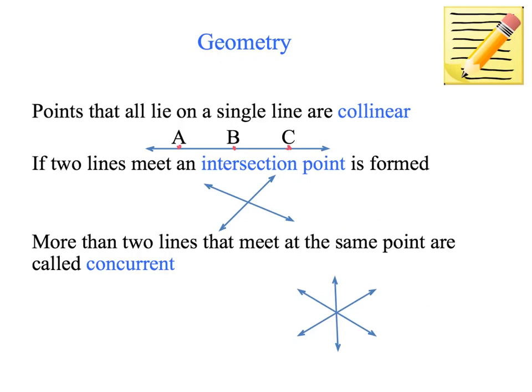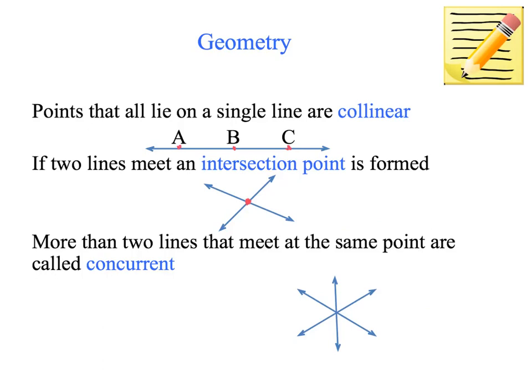Now if two lines meet, an intersection point is formed. So that's here where the two lines are meeting. You can tell it's a line because it has the arrows on the end, so it means that it extends in every direction.